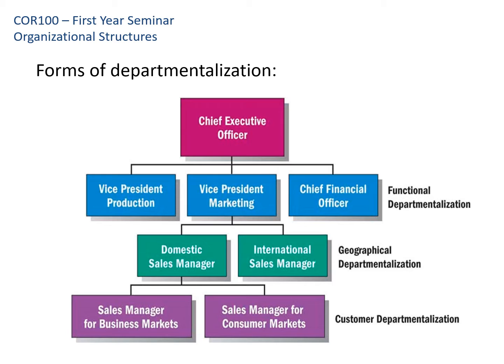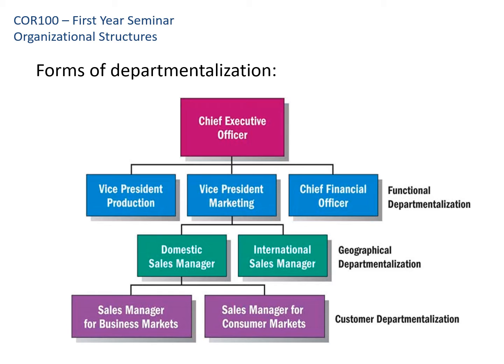chief executive officer. And then, beneath the vice president of marketing, sometimes you'll have geographical departmentalization. So you may have somebody in charge of domestic versus international. I've worked in companies that had an East Coast sales manager and a Western sales manager that looked after different parts of the country. So that's very common as well.